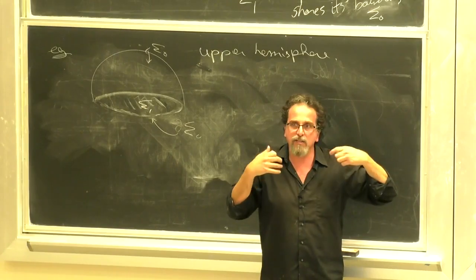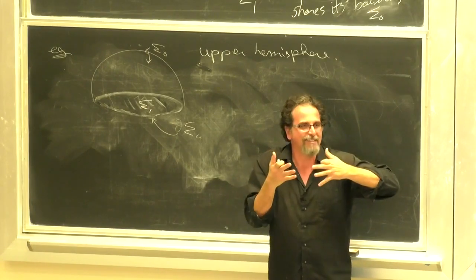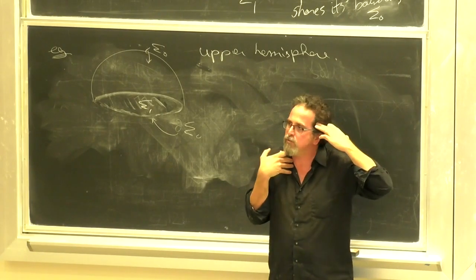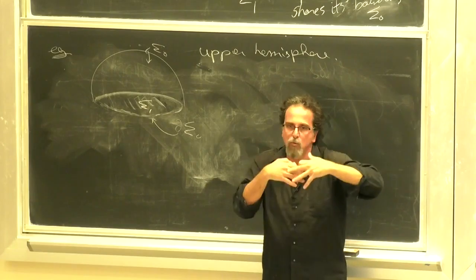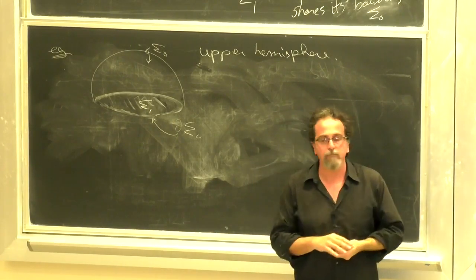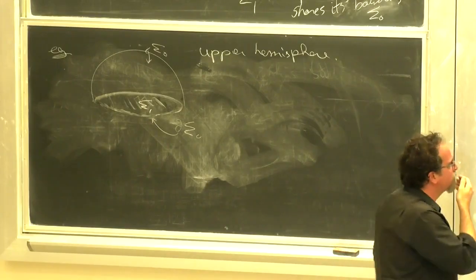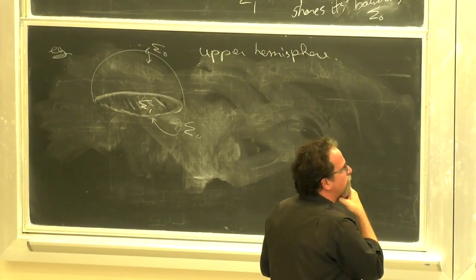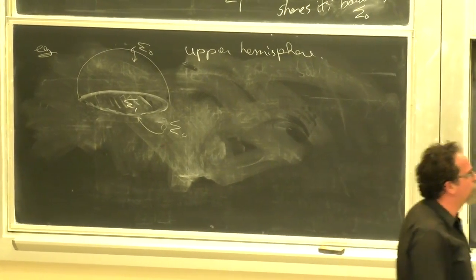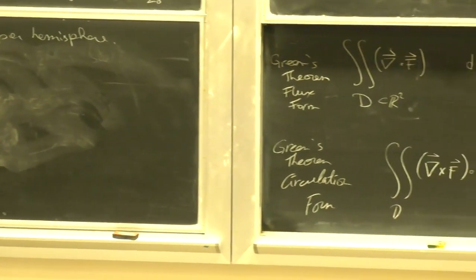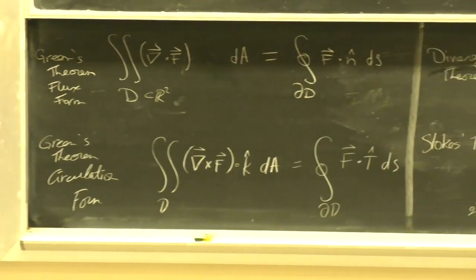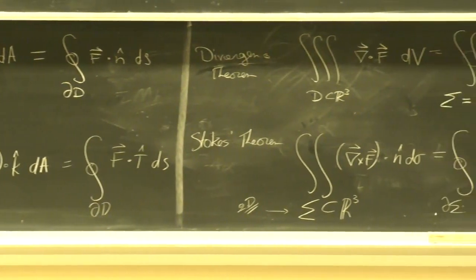And I actually ask you to think about blowing bubbles. I think for me, it's always been the most intuitive way to think about it. Okay? So that's consequence number 1, which is an important consequence of Stokes' theorem. What about consequence number 2? Consequence number 2. Closed surfaces.